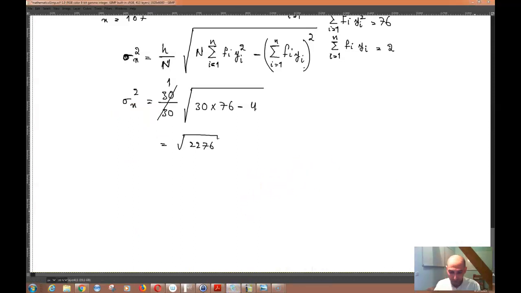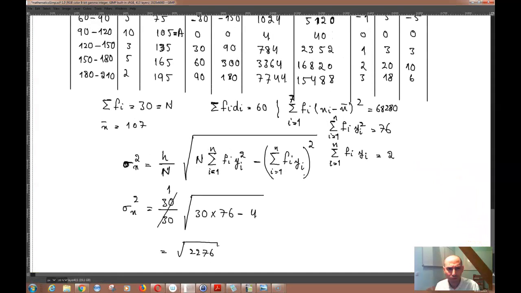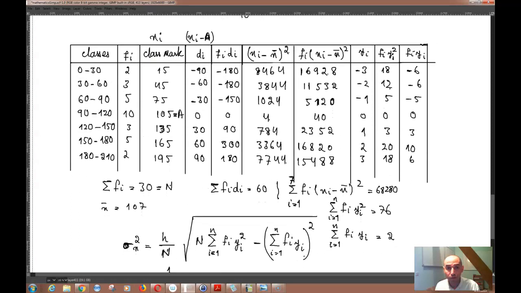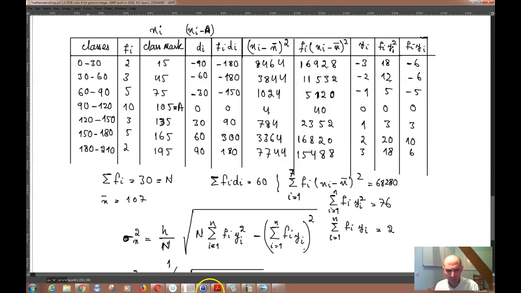The square root of 2276 is equal to 47.7. I don't know what the answer was previously.